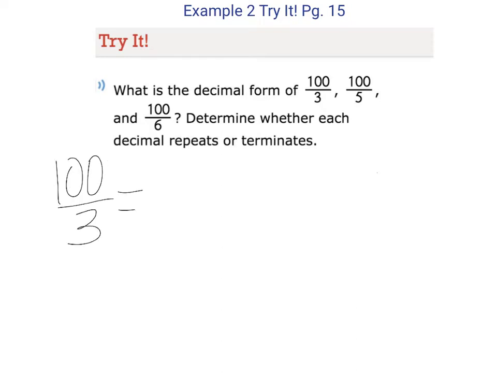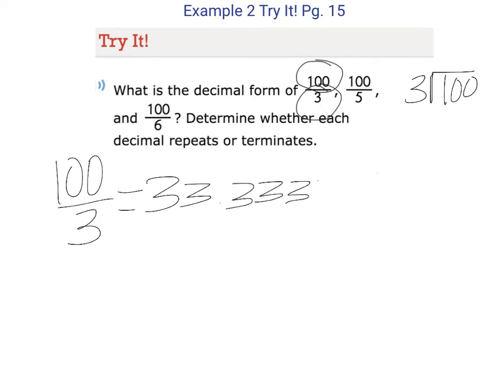Anytime you want to make a fraction a decimal, you have to divide the numerator by the denominator. So your division would look like this. And if you plug that into your calculator, you're going to get something like this: 33.33333. That is repeating, okay?